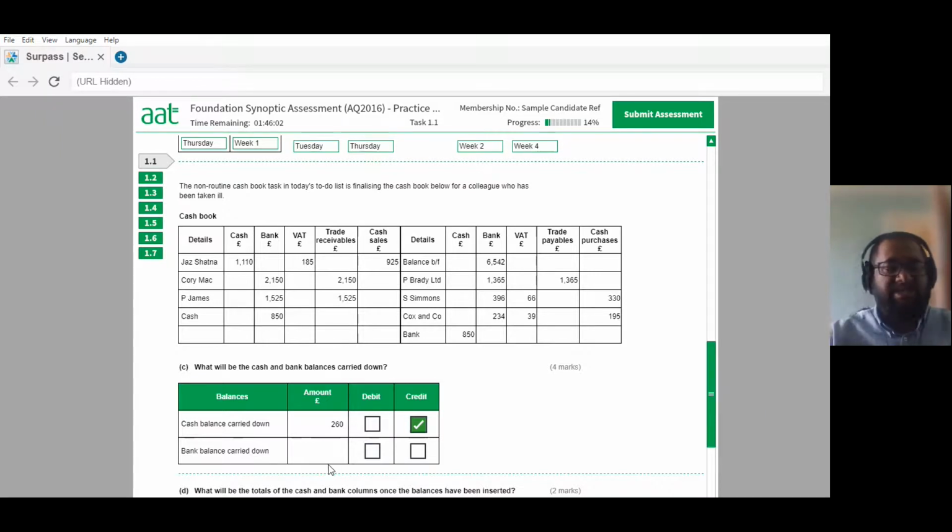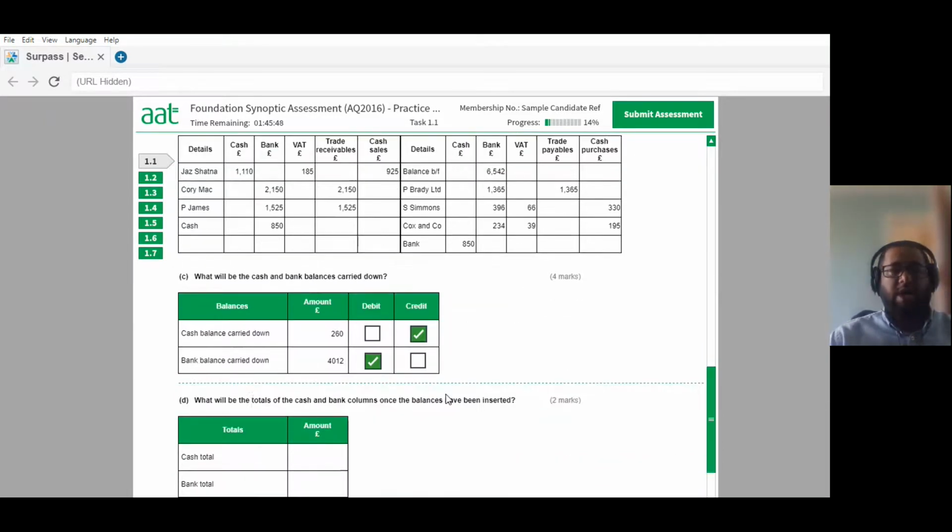And that is still going to be creating a negative or overdrawn balance on your bank account. So your balance carried down for bank will be on the debit side for 4,012 pounds. So that amount will normally come down here, and then it will total with your bank to find the final amount there.